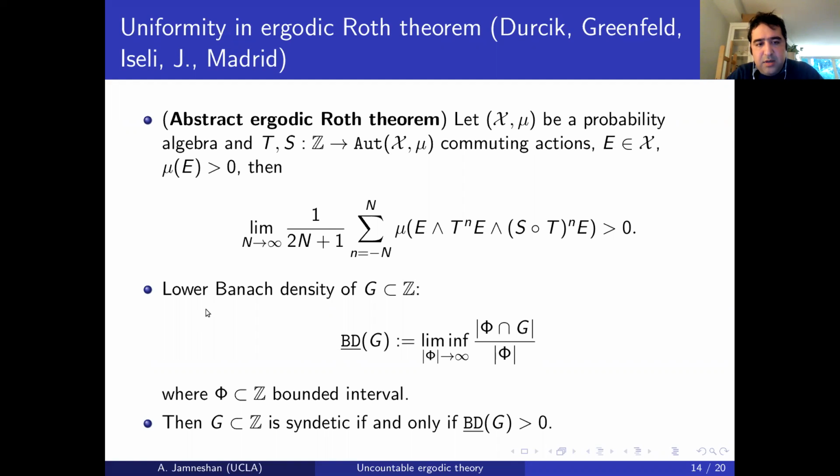So for a subset of integers, we can define the lower Banach density of that subset to be this lim inf, where the bars here refer to cardinality, and these phi's here are bounded intervals in the integers.